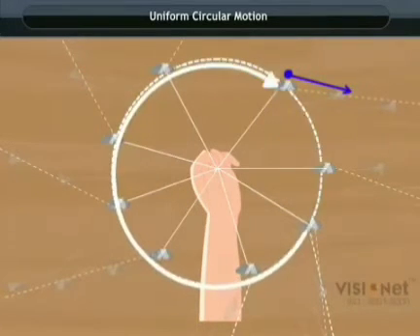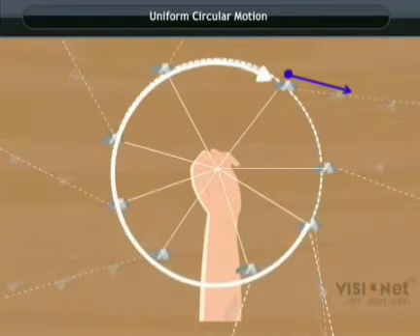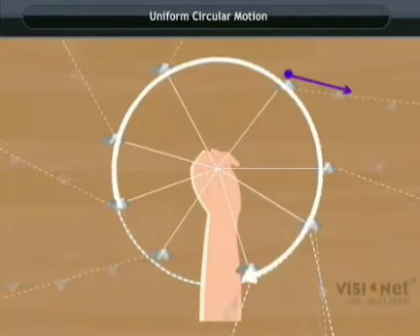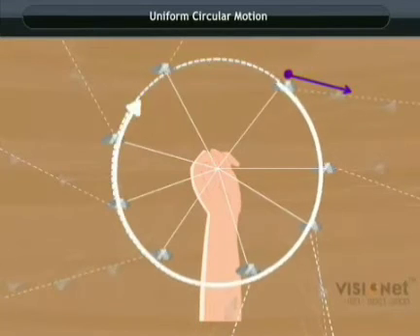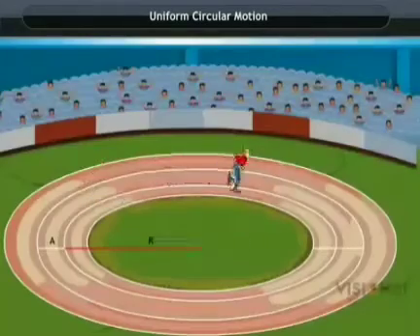Thus, the direction of velocity keeps changing every moment in uniform circular motion. In uniform circular motion, the speed of the body remains constant, but the direction of motion is changing continuously. Therefore, velocity is changing continuously. Hence, it is an accelerated motion.